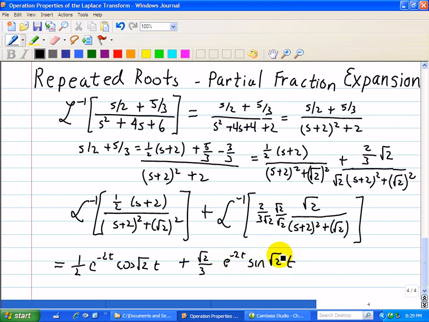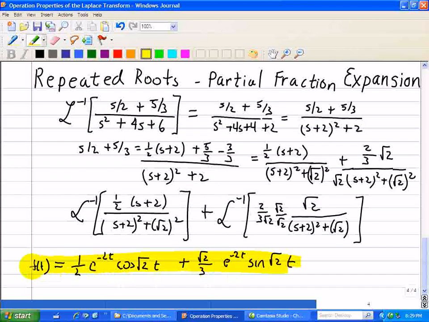So that's our result for the inverse Laplace transform for this expression, which we'll call f of t. So here is our inverse Laplace transform for this function.